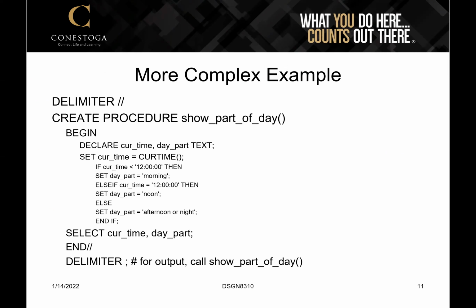You start with the delimiter, so it tells the system that a separate code segment is starting. Now we use CREATE PROCEDURE, then you give the name of the procedure, then the BEGIN keyword. Now this code segment is new compared to the earlier example. In the earlier example, we only had a single statement that selects all from colors, right?